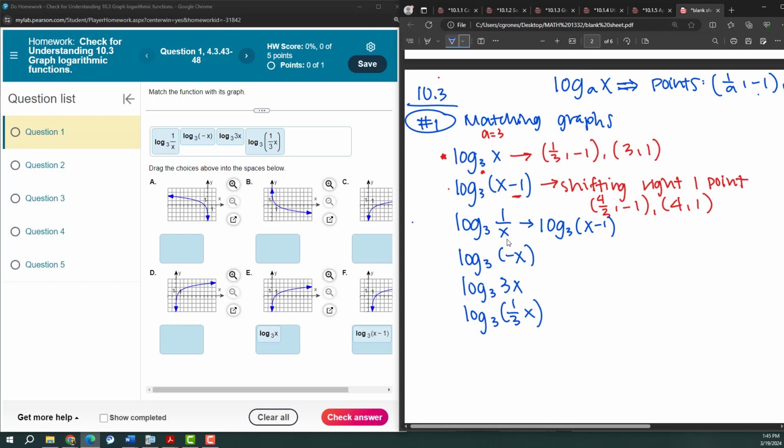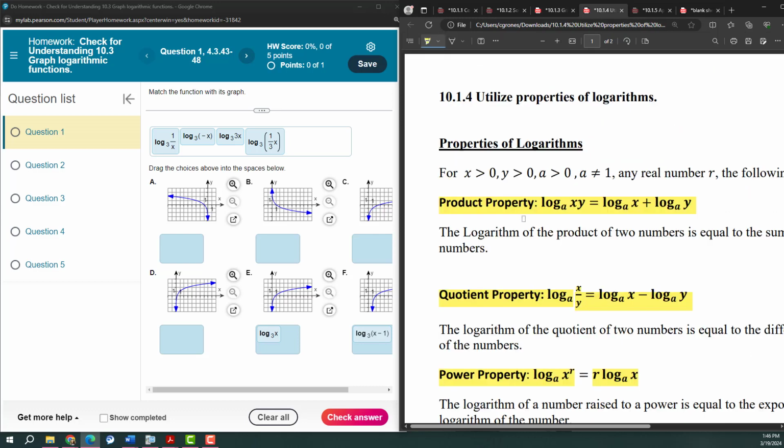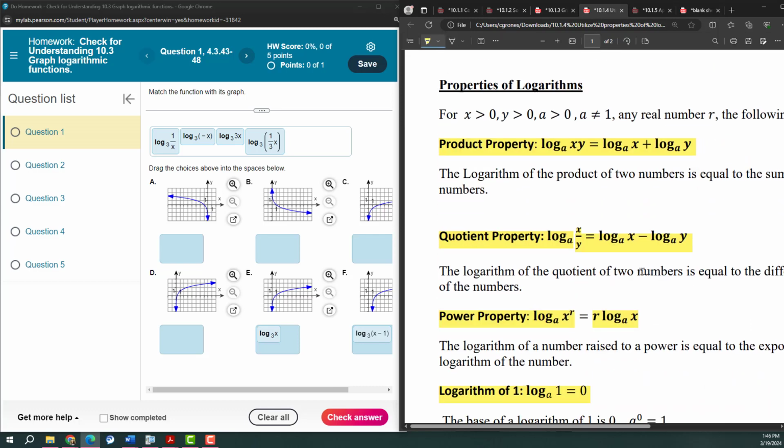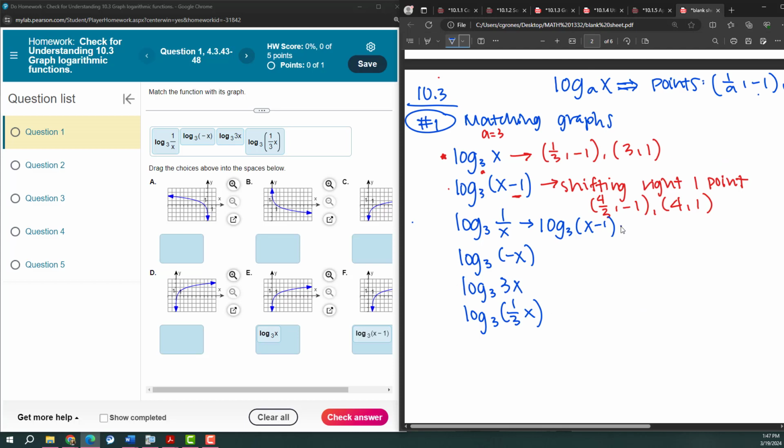Anytime you have x in the denominator, it's the same thing as putting x to the -1. Now, if you look back at your notes for 10.4, it has the different properties. For the one where x has an exponent, you can move your exponent to the front. So we can rewrite this as negative 1 times log, which is just negative log base 3 of x.